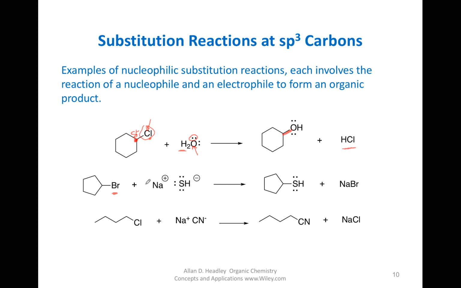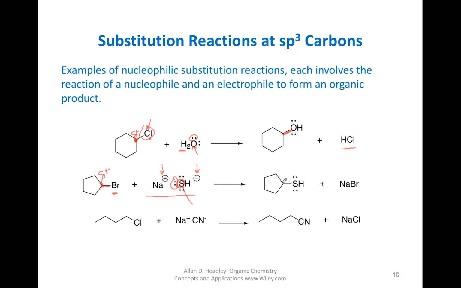Let's look at this one. Bromine, good leaving group. This bond is a polar covalent bond, which means that this carbon is partially positive, or the electrophilic carbon. This is a salt, as you can see here, cation and anion. Here is a pair of electrons. So as you can imagine, this sulfur is the nucleophilic atom.